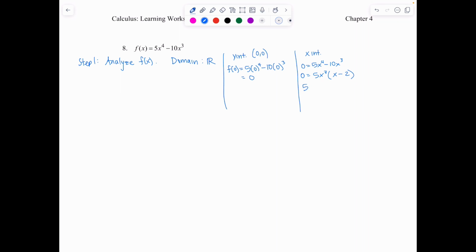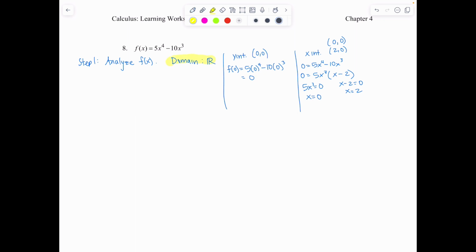So this will tell us 5x cubed equals 0, x has to be 0, x minus 2 equals 0, x has to be 2. So we have two x-intercepts, (0, 0) and (2, 0).